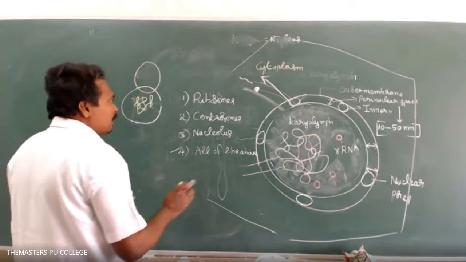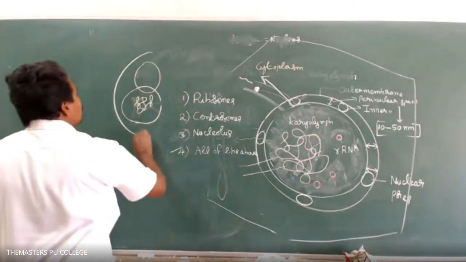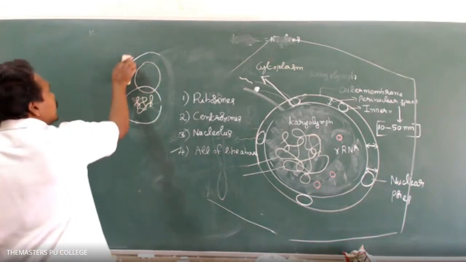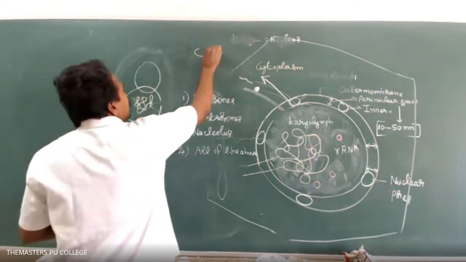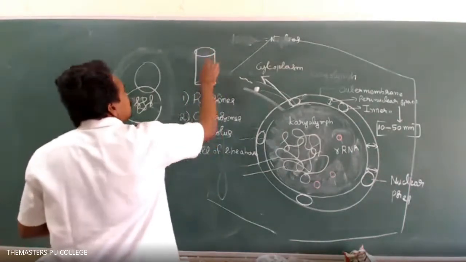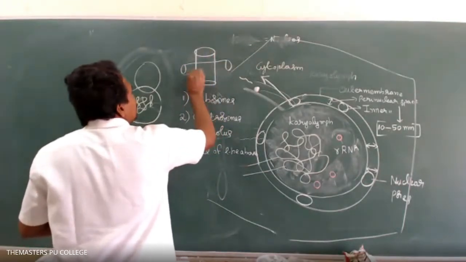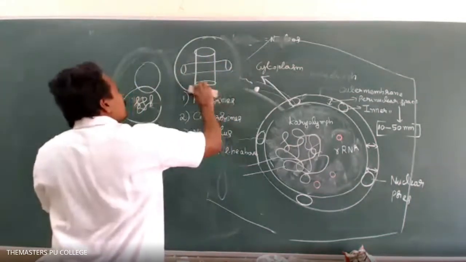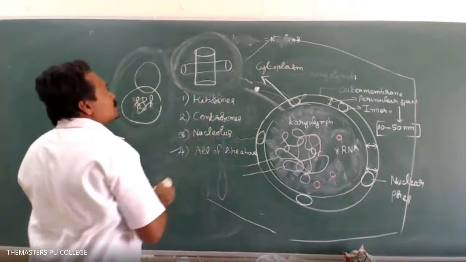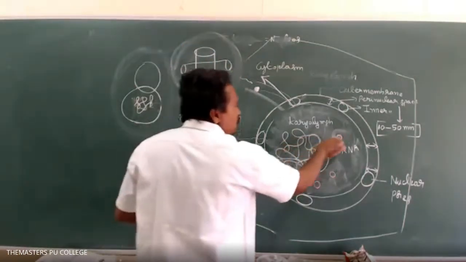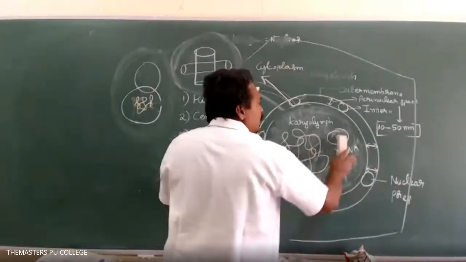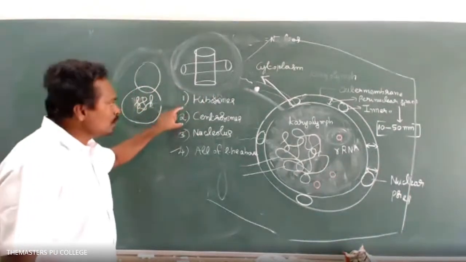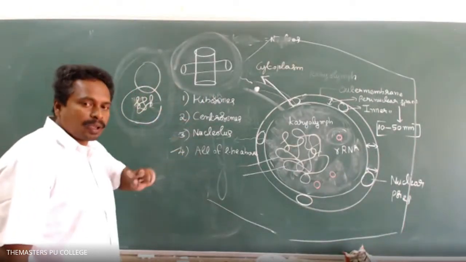Ribosomes are not surrounded by membranes. Centrosomes have two cylindrical-like structures, and they are also not surrounded by a membrane; it is a membraneless structure. And the nucleolus is also not surrounded by a membrane. So all these structures do not have membranes.